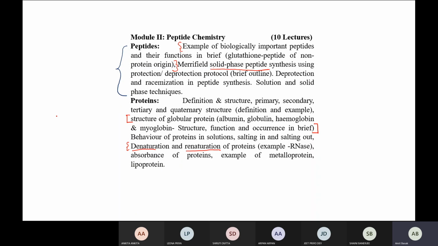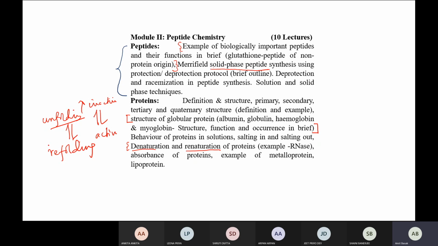Now, this unfolding and refolding, if it is reversible, then it's okay. Then you can always get back. This is functionally inactive, and this is the active. So you can always get back the active form if it is reversible.